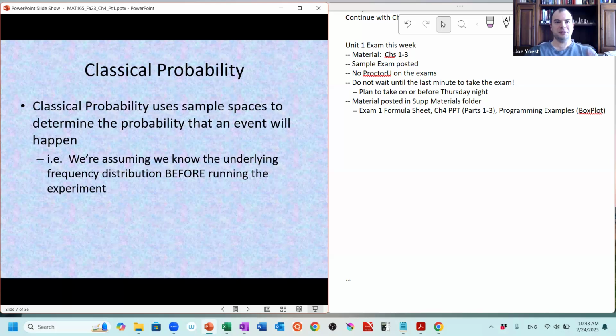So in chapters 4 through 6, we kind of assume that we know all of the population stuff, or at least have the ability to figure out all the population stuff. I know the population frequency distribution. With some other understanding of probability theory, I can maybe compute the mean for that population or the standard deviation.